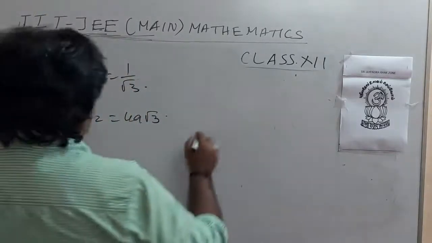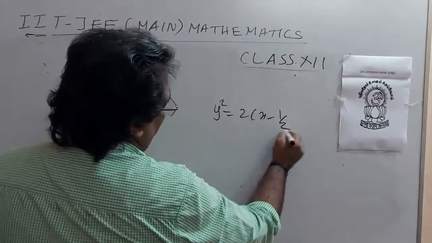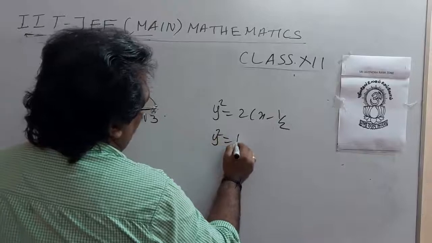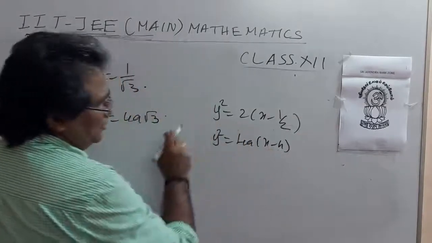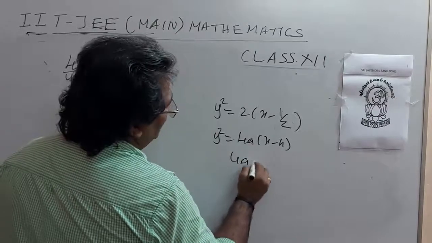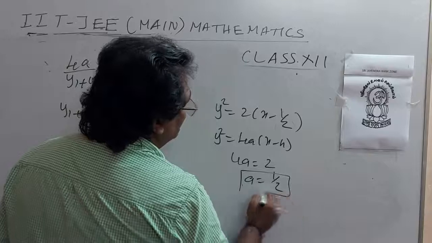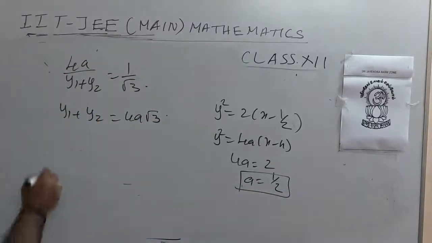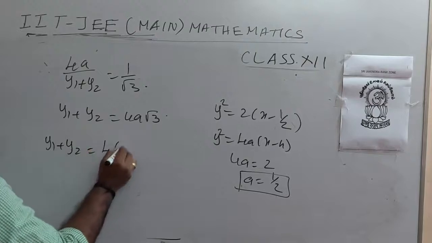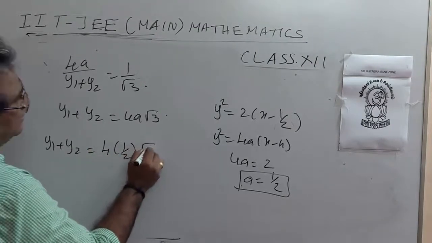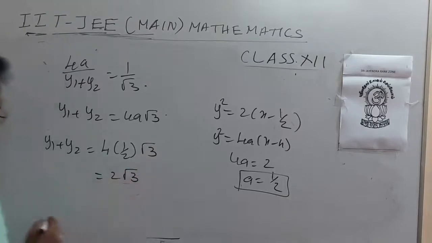The parabola is in the form y squared equal to 2 into x minus half, that is y squared equal to 4a into x minus h form. So 4a equal to 2, a equal to 1 by 2. So y1 plus y2 equal to 4 into 1 by 2 into root 3, that is 2 root 3.